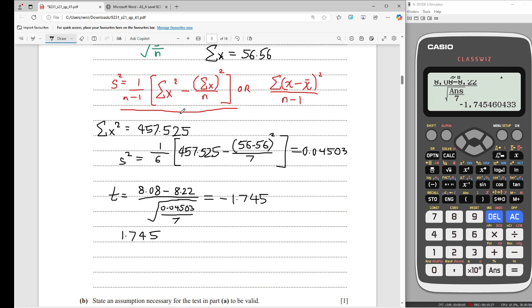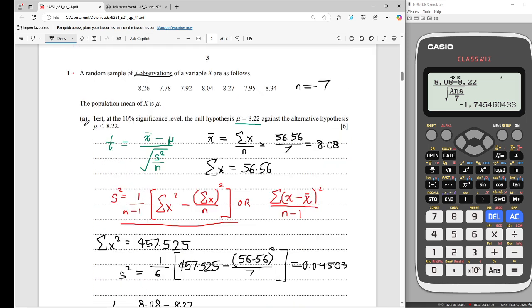Our critical value is, given that this is a one-tailed test, because we are looking at all mu values that are less than 8.22, going to be a one-tailed test at 10% significance level. So since it's one tailed, you can do 1 minus alpha, where alpha represents 0.1. If you want to represent alpha as 10, we can use 1 minus alpha by 100.